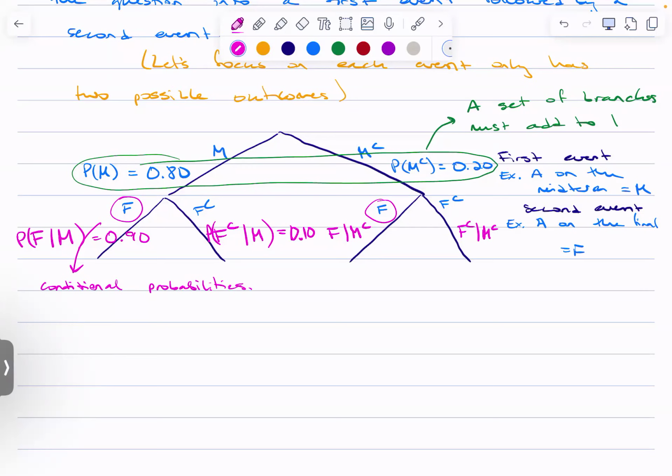And let's just make up another probability here. If the probability of getting an A on the final, knowing that you didn't get an A on the midterm, let's make that 0.6. Why not? Doesn't matter.